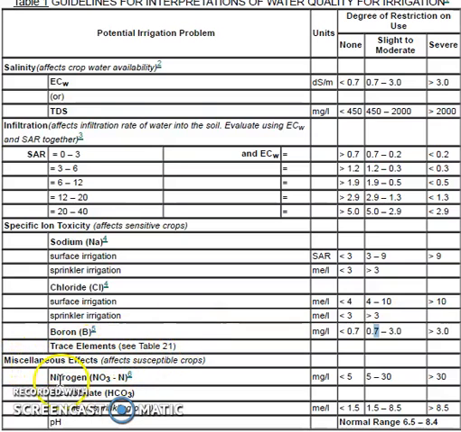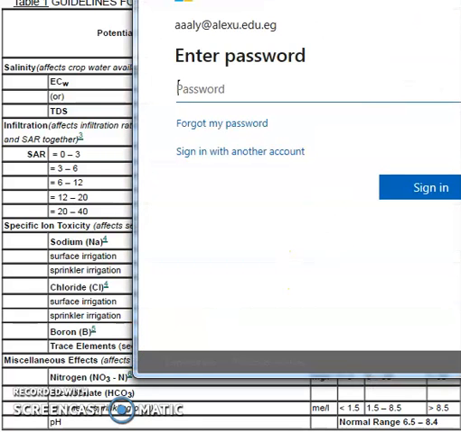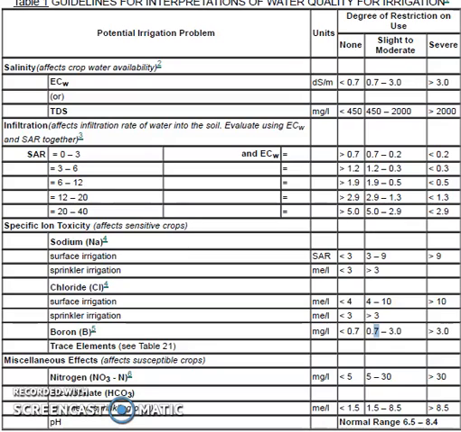Among trace elements, the most important one that may be toxic to humans, not plants, is cadmium. Cadmium is considered a toxic element to humans and causes kidney dysfunction and maybe other problems to human health.